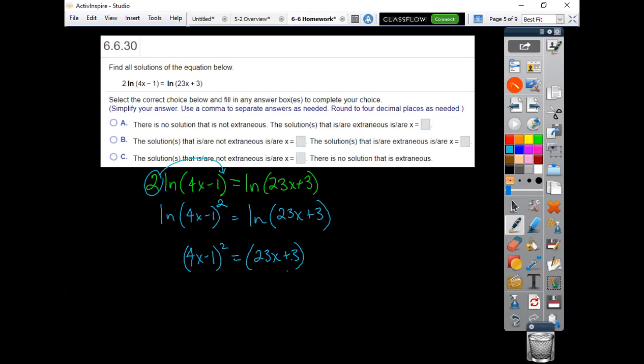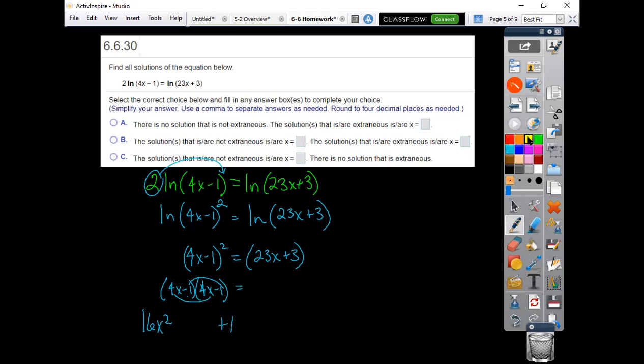And then we just solve this quadratic. So 4x minus 1 times 4x minus 1. I'm just going to leave that right side alone rather than copying it down. It just uses up time. So remember, your 4x times your 4x, you'd have a 16x squared. Your minus 1 times your minus 1, you'd have a plus 1.